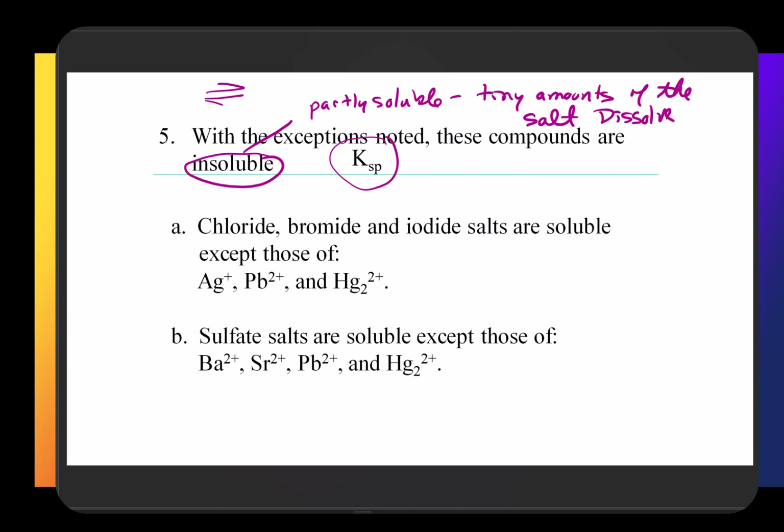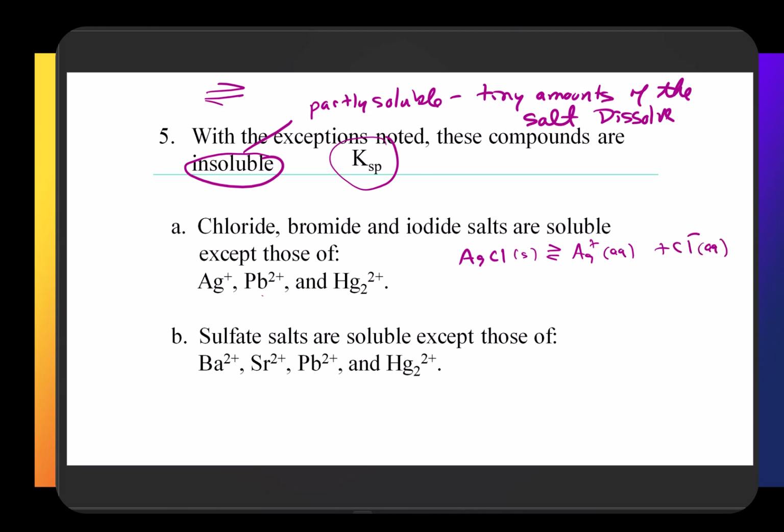So another one of the rules is that chloride, bromide, and iodide salts are soluble, except those of silver, lead 2, and mercury. So if you had silver chloride in water, only a tiny amount of it would actually dissolve. Most of it would be in the solid form. What did dissolve would do so according to this equilibrium.